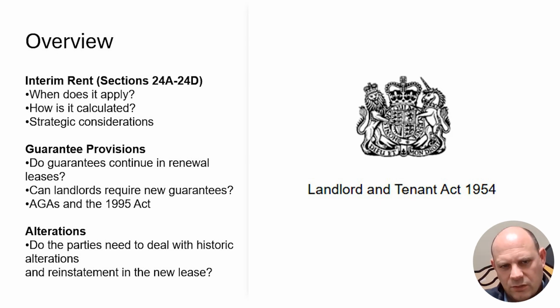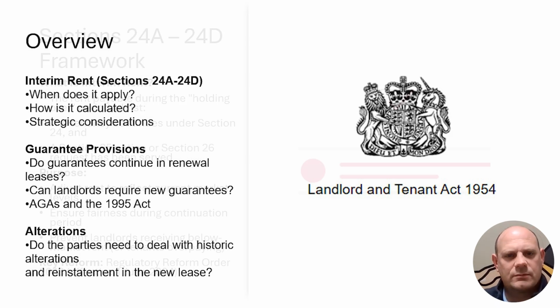Third, and fourth, relate to alterations and reinstatement, which have already been undertaken. What, if anything, does the landlord or tenant need to do about these alterations and the requirements to reinstate? And then finally, the topic of standard of repair. These topics may seem technical, but they have significant commercial implications for both landlords and tenants.